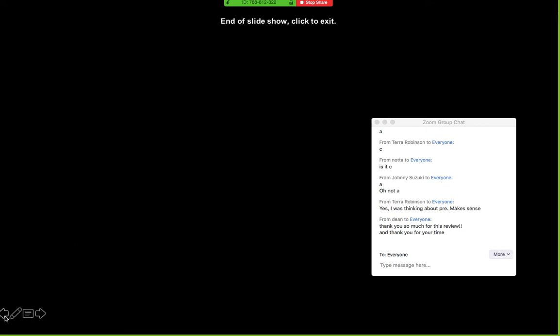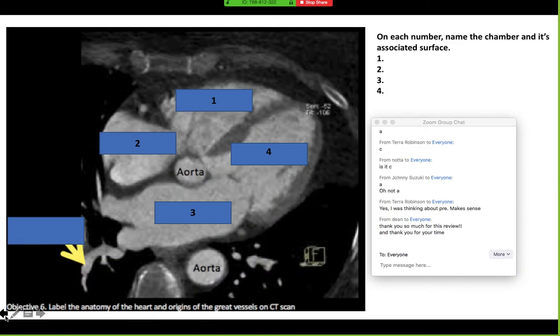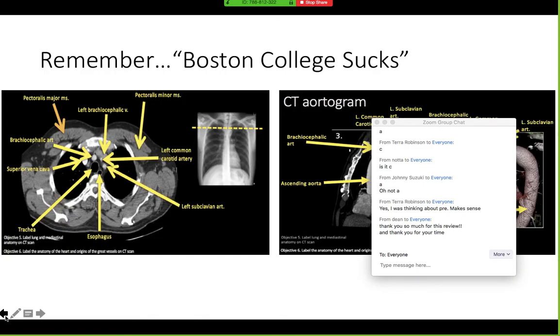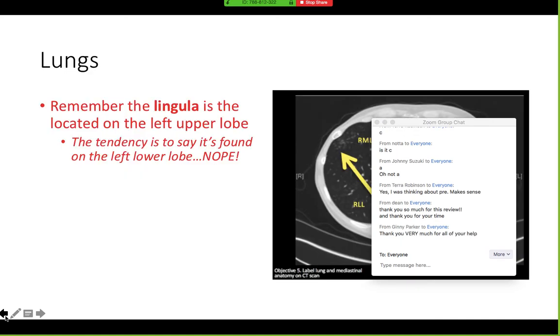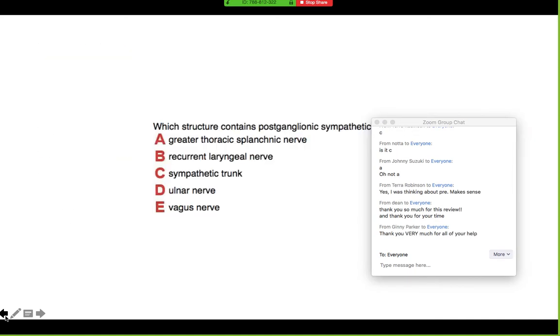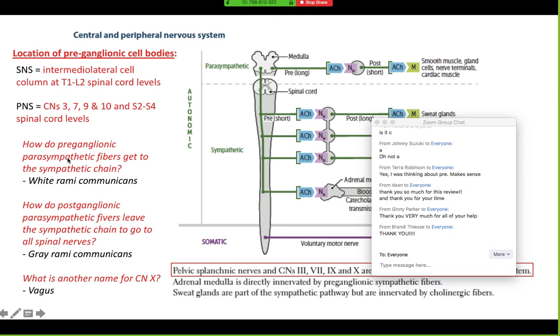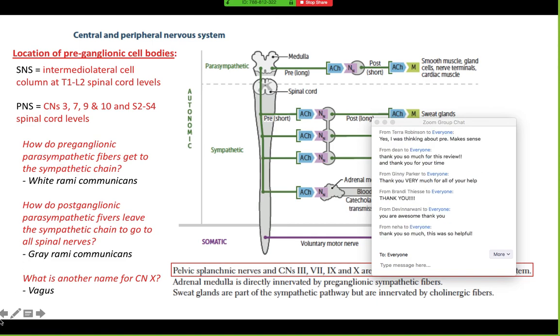Okay, so we are done. I've noticed a few typos here and there, and I greatly apologize for this, but as you can imagine, I'm trying to study second year stuff, and this ended up being 186 slides, so I did make some boo-boos. One here should say sympathetic, so sympathetic fibers.